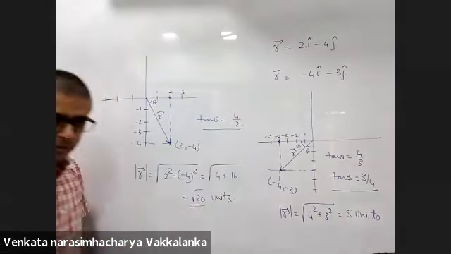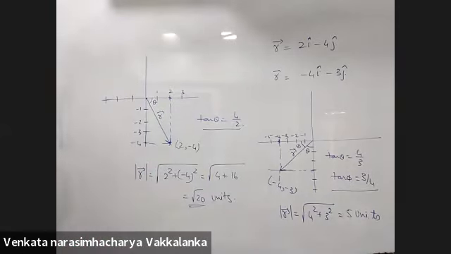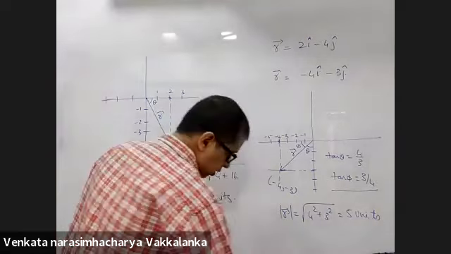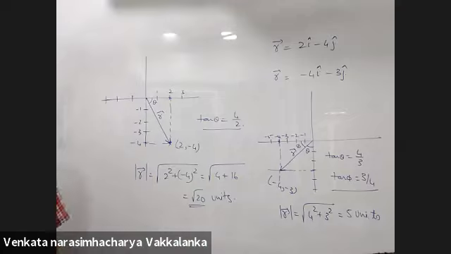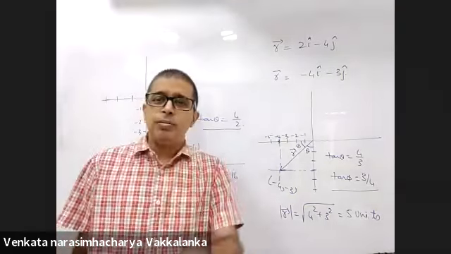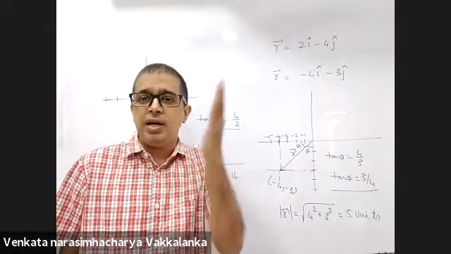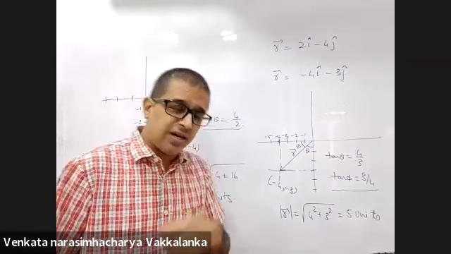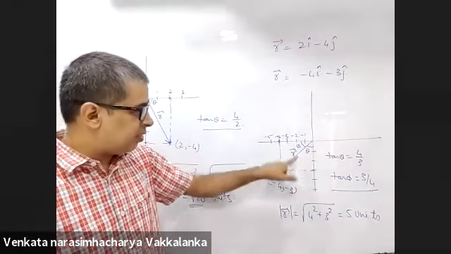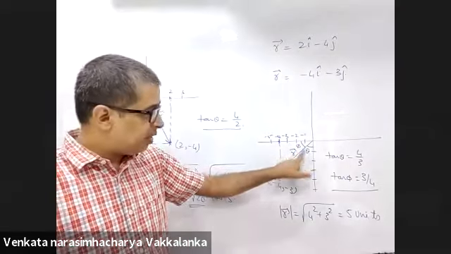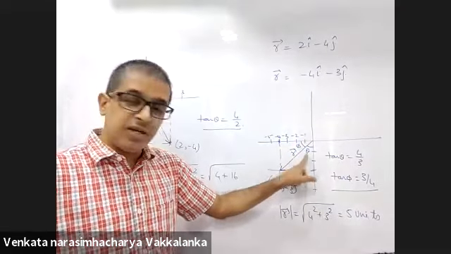Can I rub the board? Yes. Sir, we take the theta from the y-axis or the x-axis? The paper setter in the multiple choice will tell you theta is the angle between the vector and the x-axis, or theta is the angle between vector and y-axis. If he is asking between the vector and x-axis, then it is phi. Between the vector and the y-axis, then it is theta.